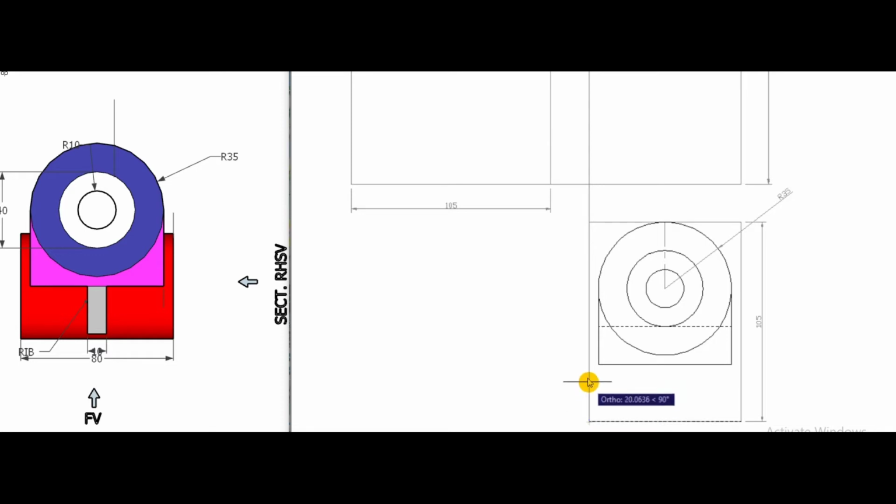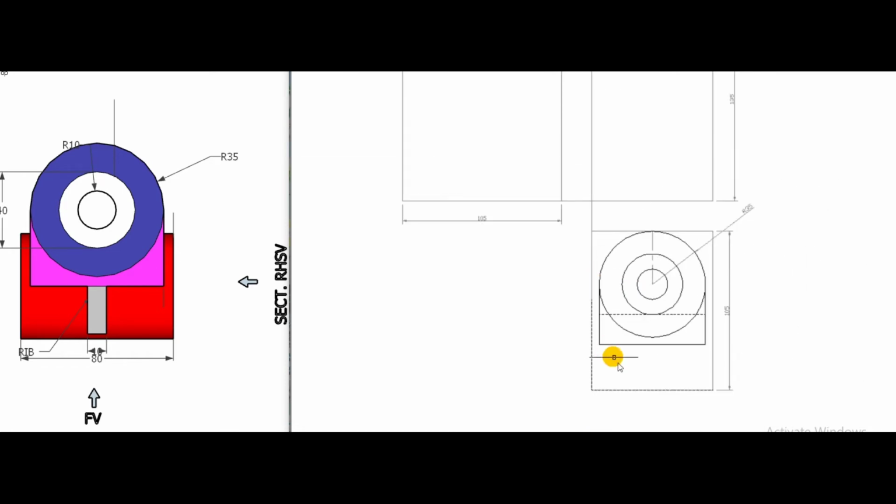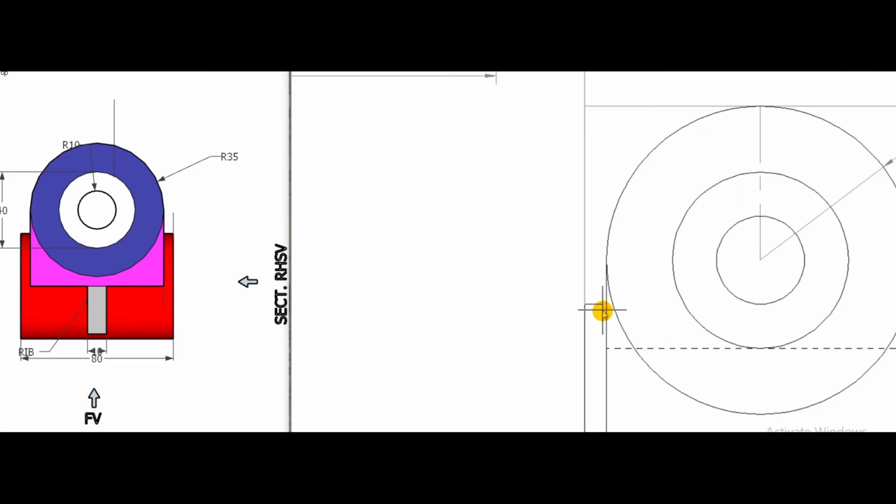This line or width is of 60 millimeter. So draw this line of 60 millimeter. And now this line will be up to here, because this is clearly shown here.